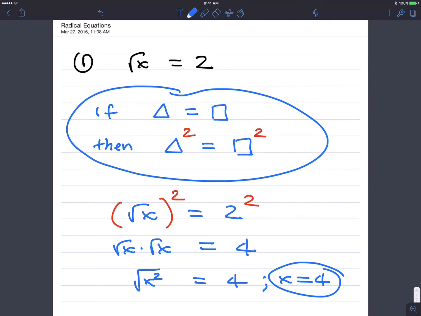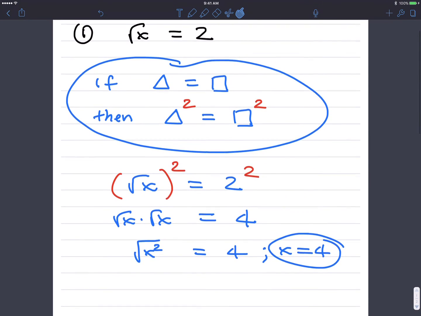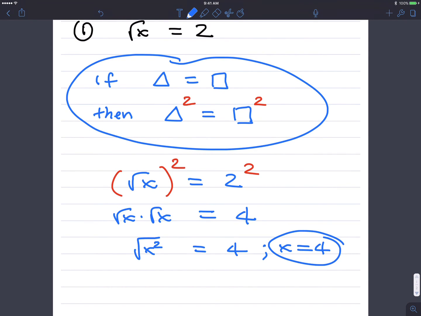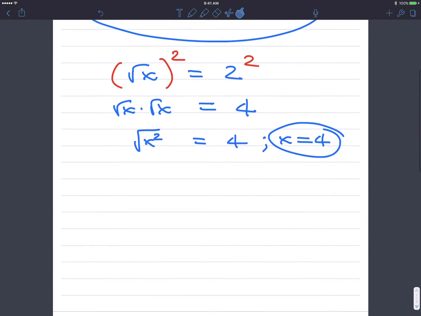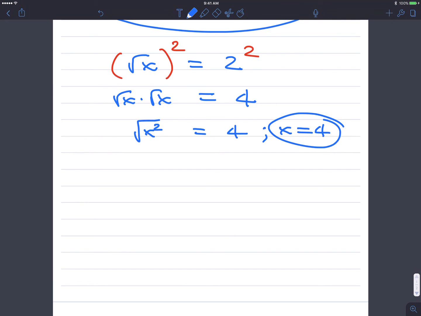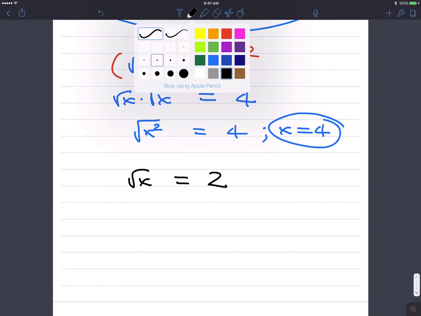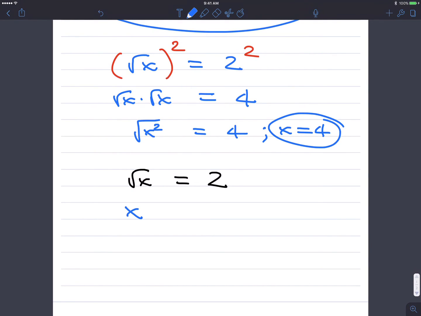The second way we can think of this is we can actually write the radical as a power. If we have the square root of x is 2, we can write this radical as x to the 1/2 power, because our index here is 2.